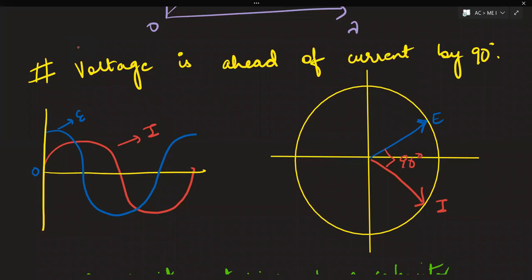In case of resistors, both were overlapping because both were in the same phase. There wasn't any phase difference between them. Now current is lagging EMF by 90 degrees. Clear or not, all of you? Yes, ma'am. What about you, Jiva, Mariam, Rayan? Clear? Okay.